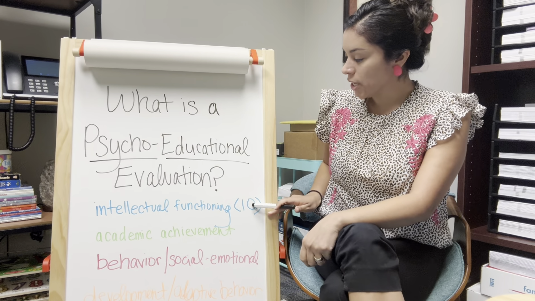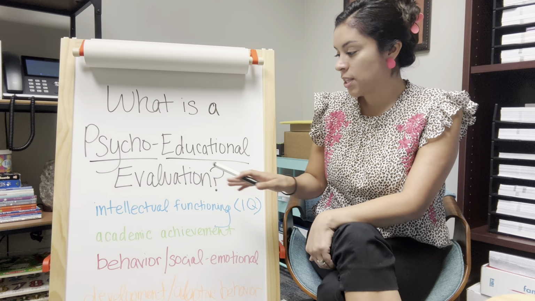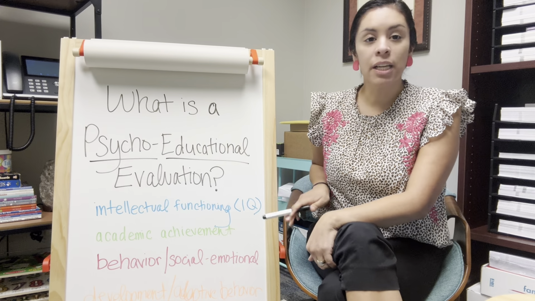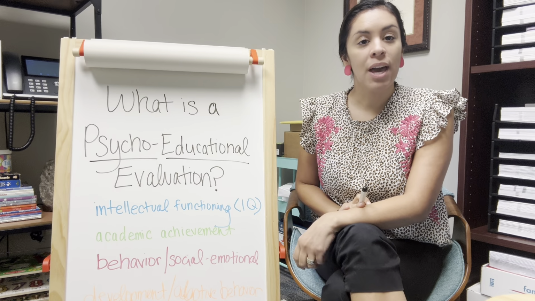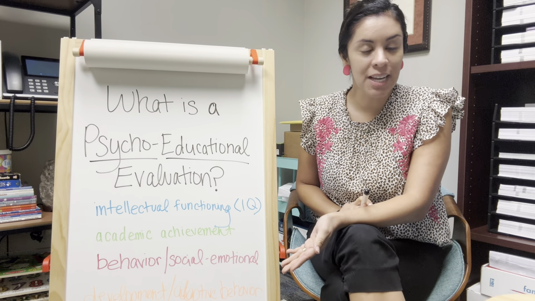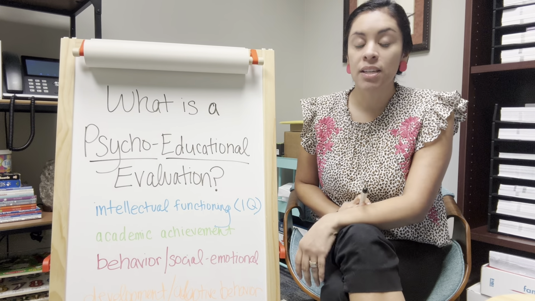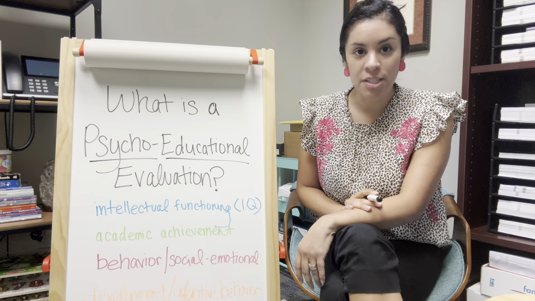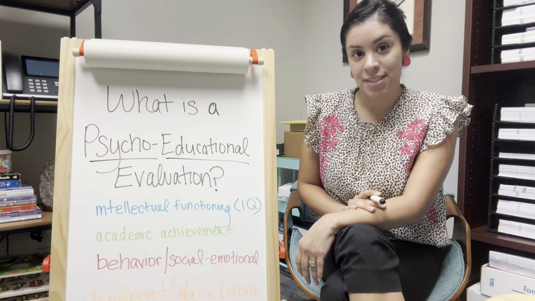So the first area that I like to start with is the child's intellectual functioning. That is commonly known as the IQ test. And this can give us a lot of really good information about the child's processing.